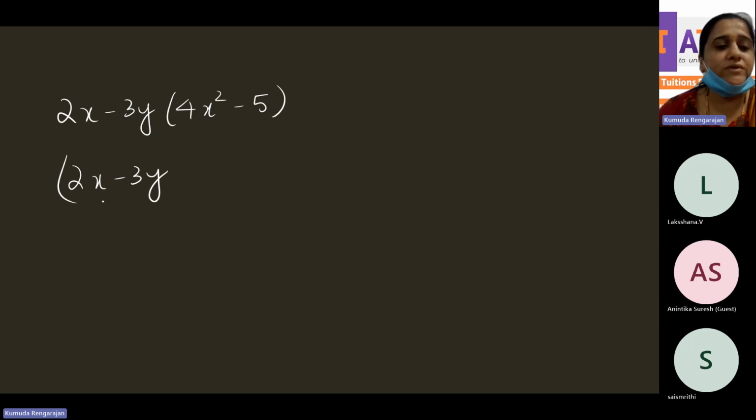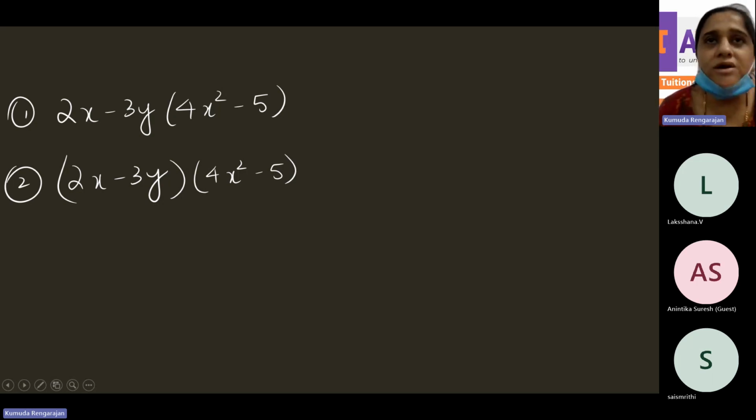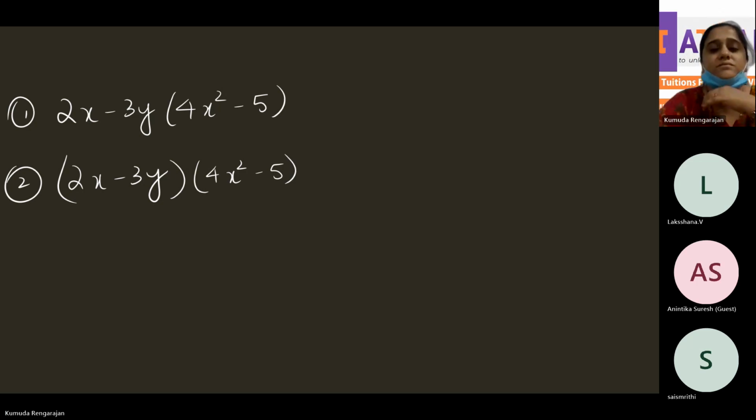Is there a difference between the 2 expressions? Are 1 and 2 the same or different? Do they mean the same or different? They mean the same, ma'am.